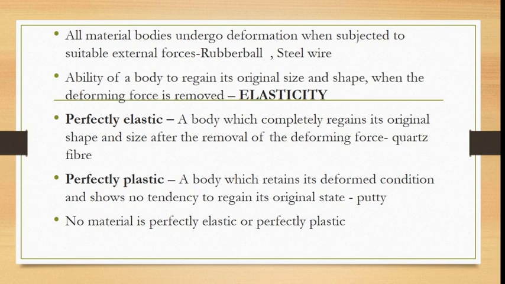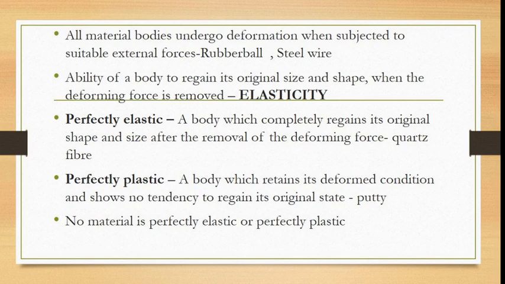Now the second example is a steel wire. When a steel wire is suspended at one end and it is loaded with a weight at the other end, what happens to the steel wire? The steel wire gets elongated.